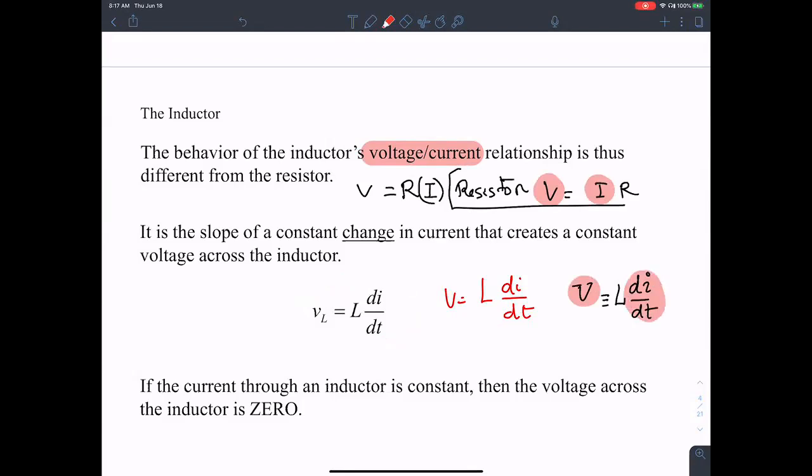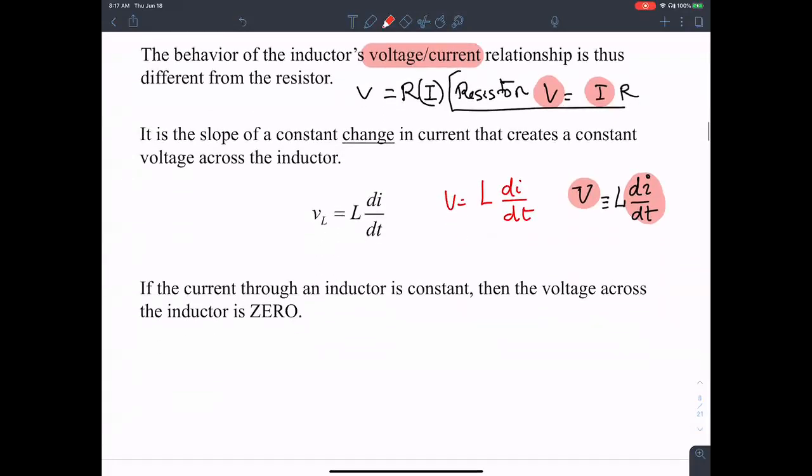It's the slope of change in current that creates a change in voltage across the inductor. Here is the idea. Let's say I'm plotting current versus time through an inductance.